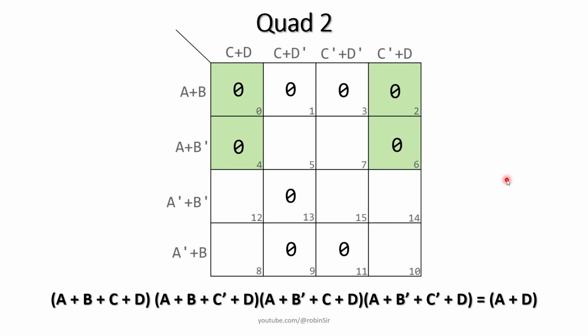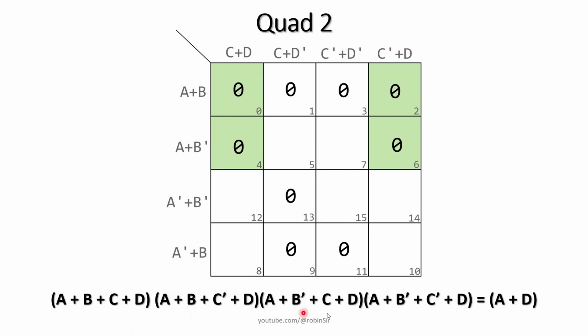Next, we have one more quad. If you try to do map rolling sideways, so if you try to join the left edge with the right edge by rolling the map, imagining that you are rolling the map, then these 4 boxes will again form another quad.